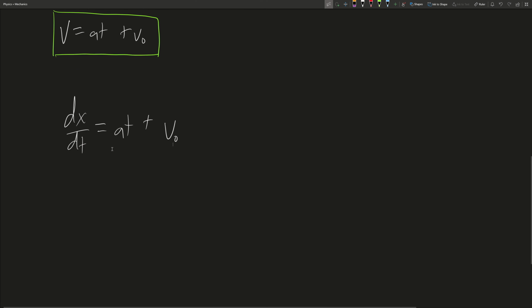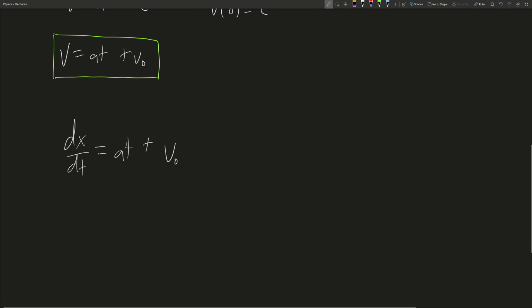So that means we can integrate this side with respect to t as well. And if we move the dt onto the other side, we have dx is equal to at plus v0 times dt.